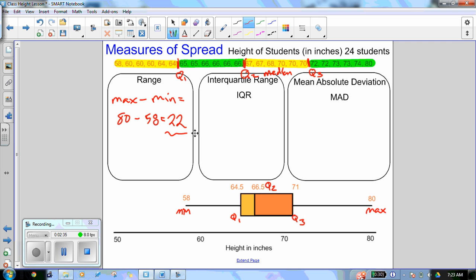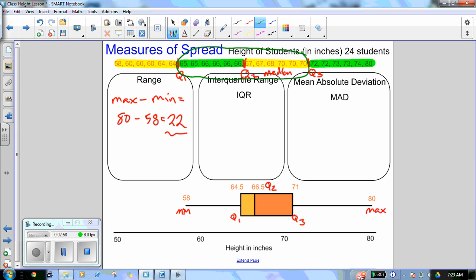And then we have this thing called the interquartile range. And that looks at, you might have one short person and one tall person. But what about a larger group of the class, like the main 50%? So if we're looking at that, I'm going to outline this. What is the range of this middle 50%? This is the interquartile range.